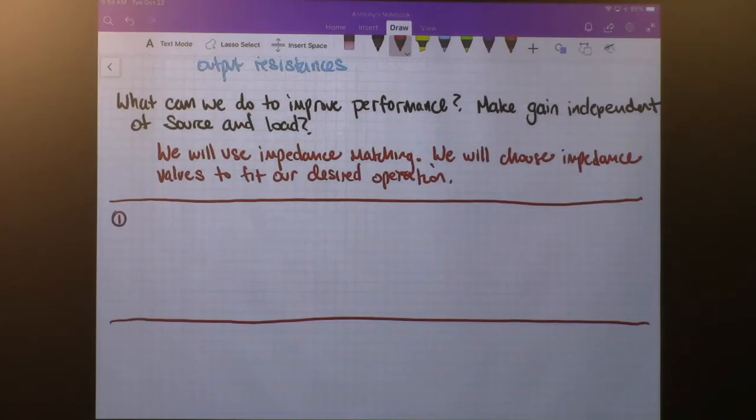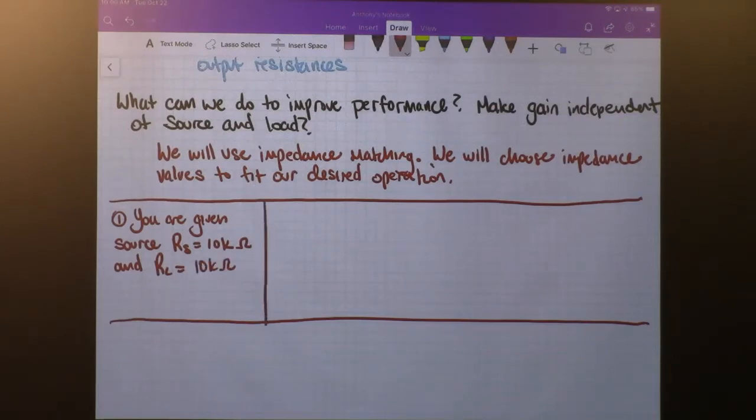So, first thing is you are given, let's say, a source with RS equals 10 kiloohms, and you want to use a load that is somewhere in the range of, should I say, 10 kiloohms again? 10 kiloohms. Okay. So you know what your source and you know what your load are.